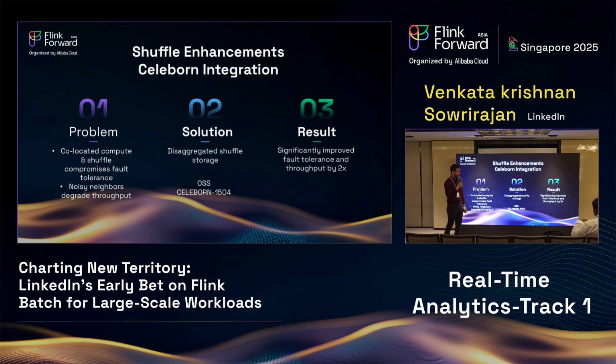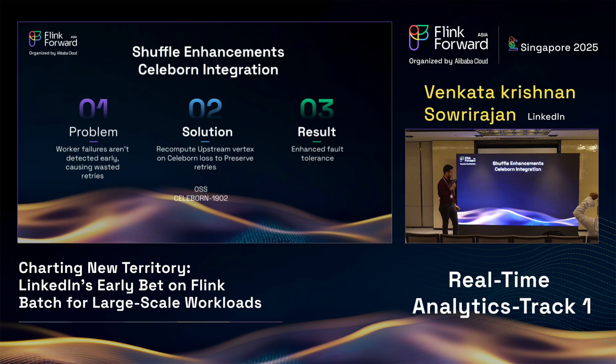It was not all rosy. There were still challenges we had even with Scalable in terms of fault tolerance. Let's look at that in the next slide. With Scalable, any worker failures weren't propagated quickly back to the engine for immediate recomputation of the intermediate data.